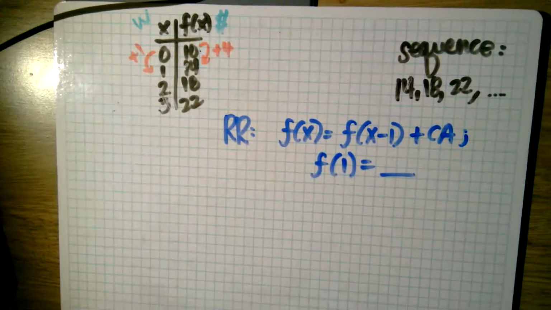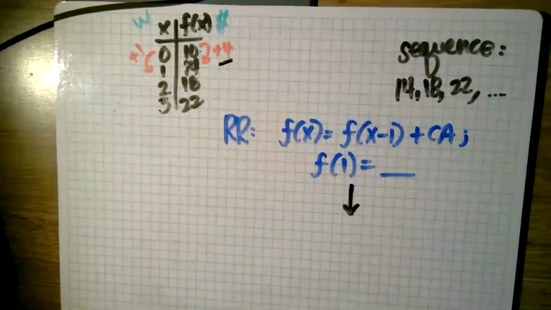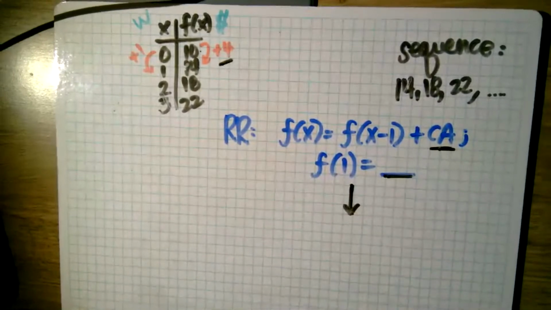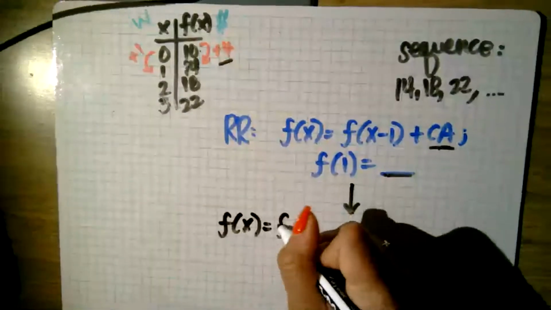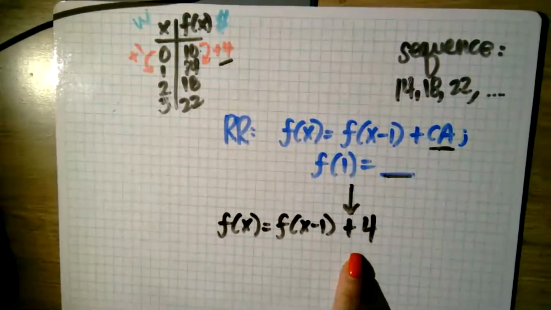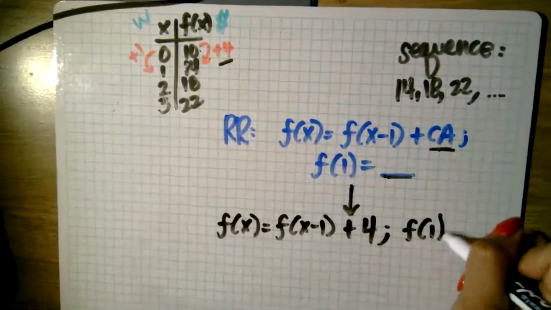That's the rule. So I'm going to go ahead and apply it. Remember, my constant additive is 4, and nothing else changes, just this guy and this guy. So watch. Here's my rule. F of x equals f of x minus 1 plus 4, because that's my constant additive, given that f of 1 equals 14.